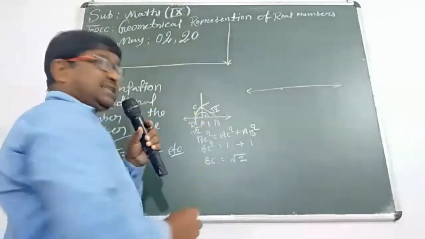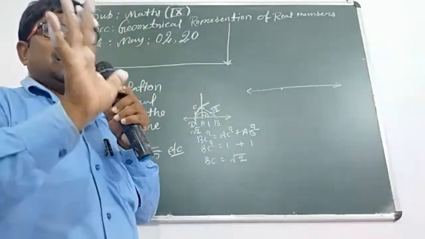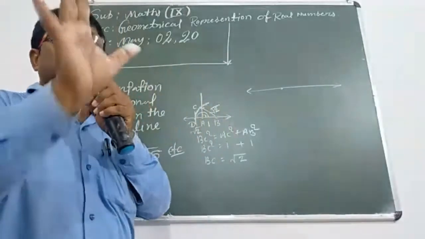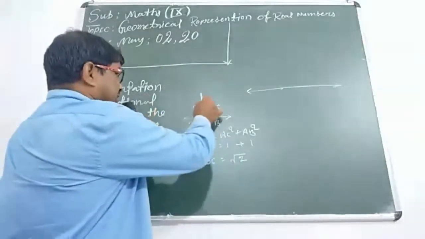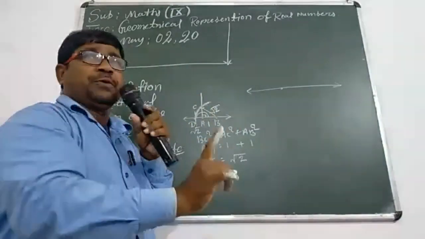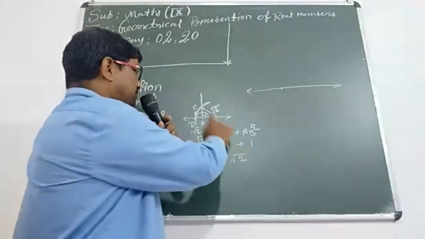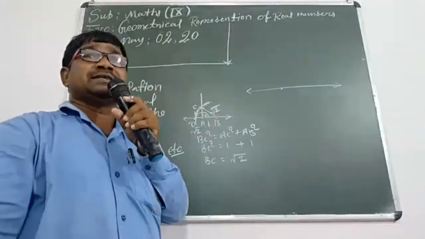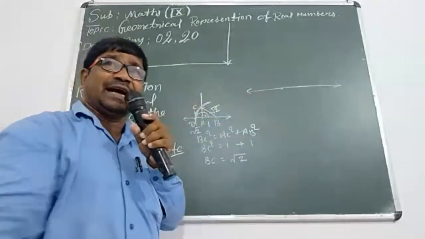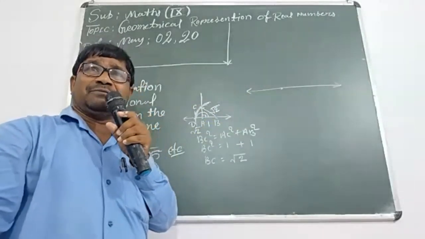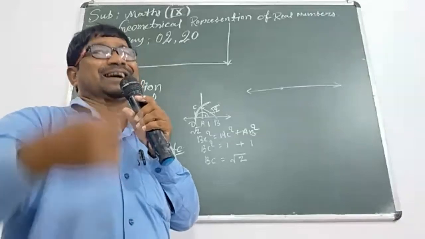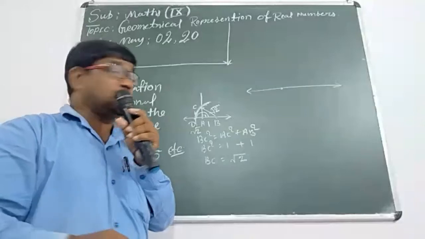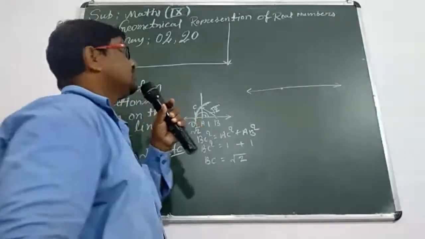This is the representation of irrational number on the number line in this way. That is the geometrical proof also, because this circular arc drawn by you from B, if BC is the radius, then BD is also radius. These two are radii from the same circle, they are equal in length. No problem at all. So this is the under root 2.